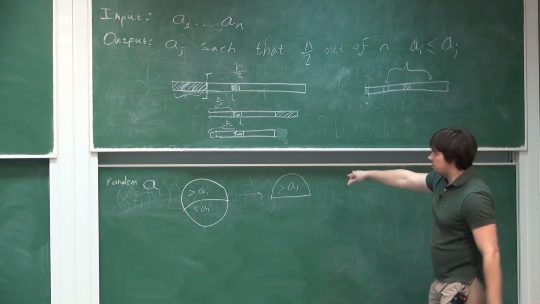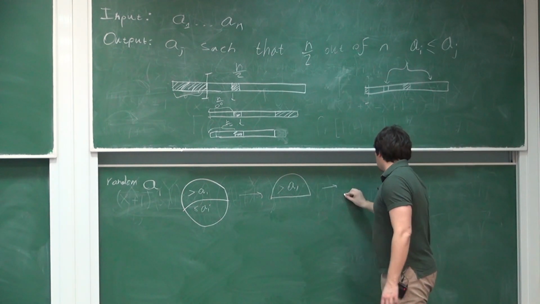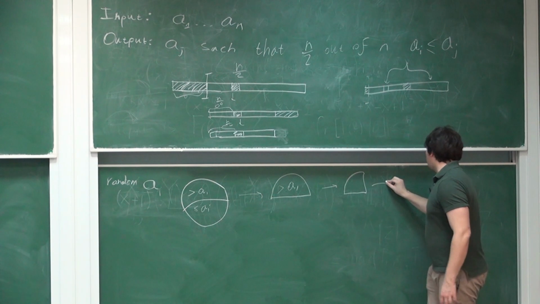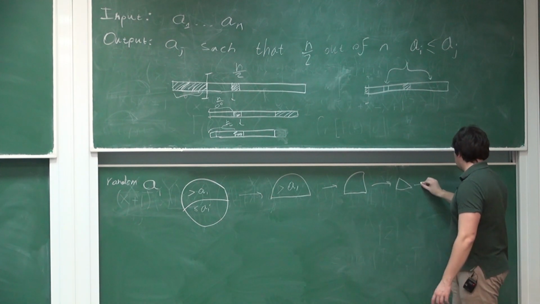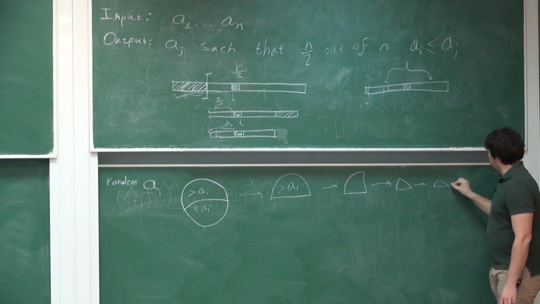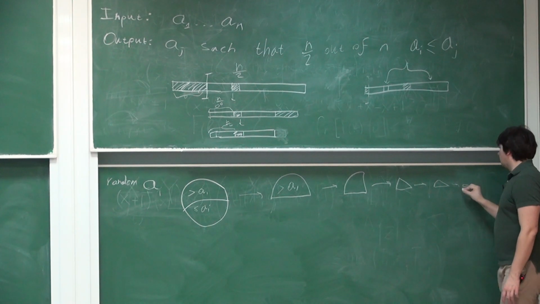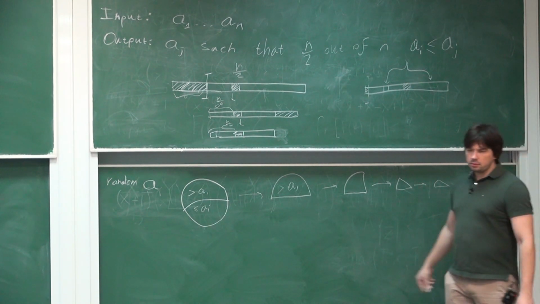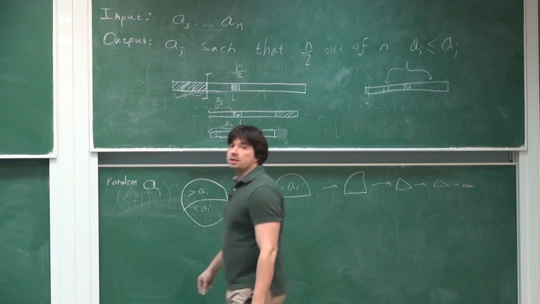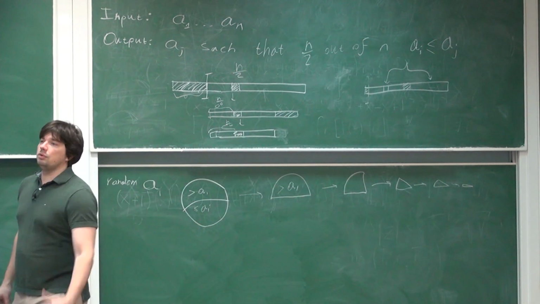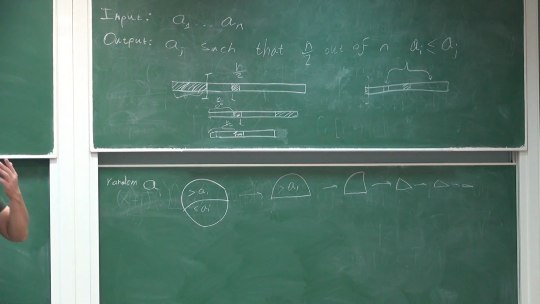And then you just repeat, and you will get your array getting smaller and smaller, and eventually it will get down to just one element, which would be the element you actually need to output.